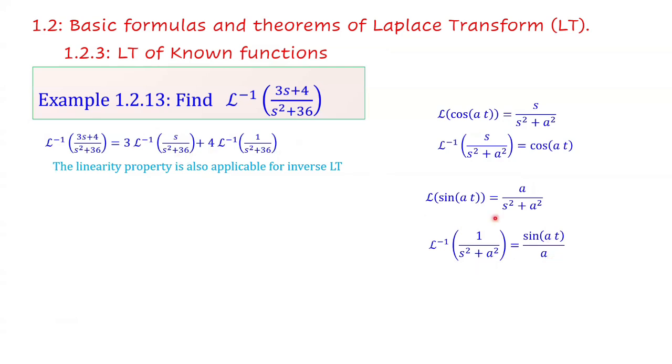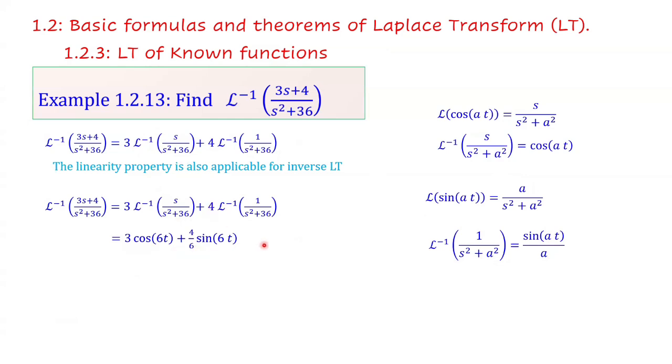In this case a is equal to 6. So we can rewrite this expression with cosine 6t and sine 6t, as 3 cosine 6t plus 4 over 6 sine 6t. If we simplify, it is 3 cosine 6t plus 2 over 3 sine 6t. So this is the answer for this inverse Laplace transform.